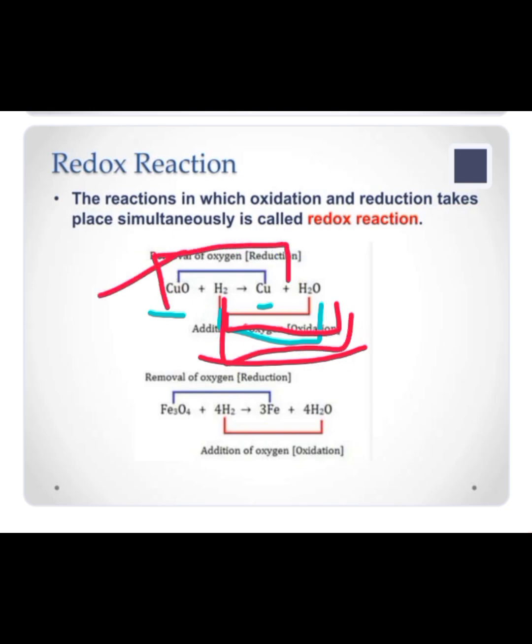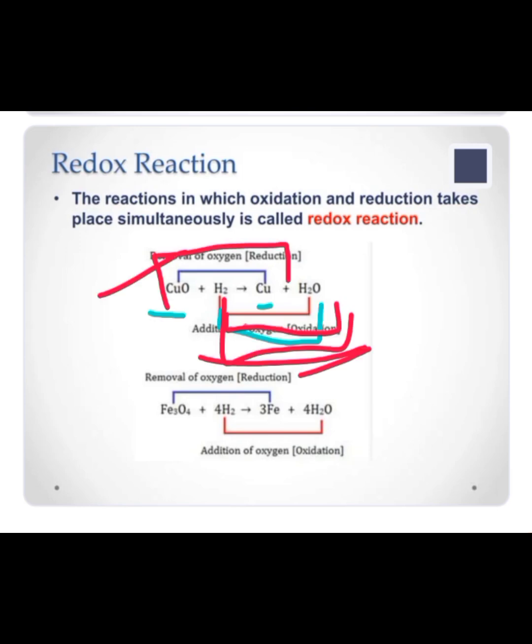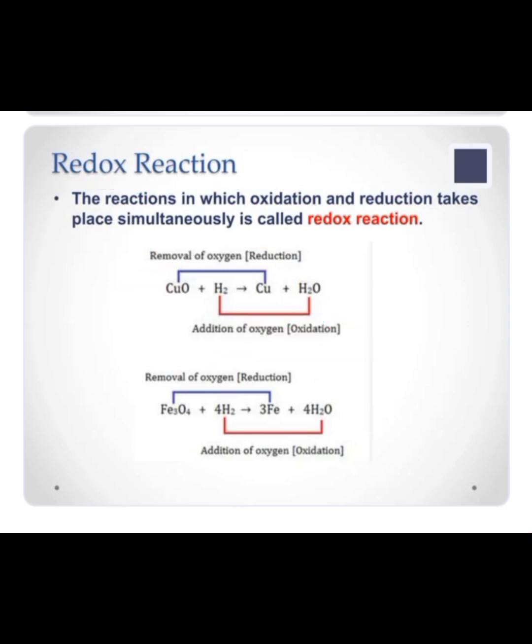So both reduction and oxidation combinedly give a type of reaction that is the redox reaction. So the reactions in which oxidation and reduction take place simultaneously, when the process of reduction is happening, at the same time oxidation is going on. If oxidation is going on, then reduction is also taking place simultaneously.